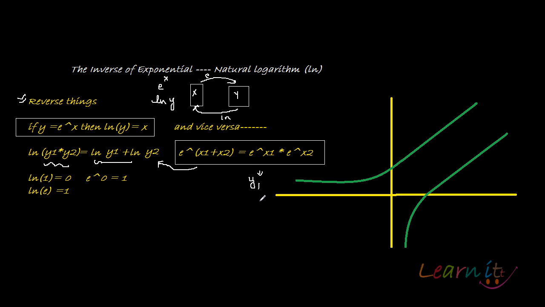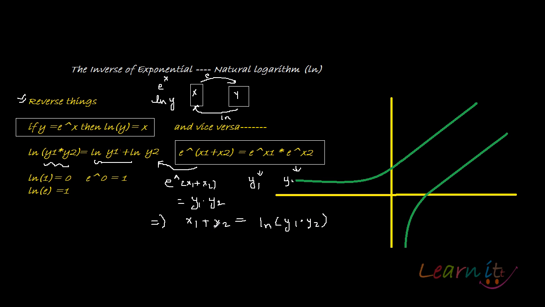So, say that e to the power x1 is y1 and e to the power x2 is y2. So, we get e to the power (x1 plus x2) equals y1 into y2. Now, since e and ln are inverse functions, I can also say that x1 plus x2 equals log of (y1 y2).